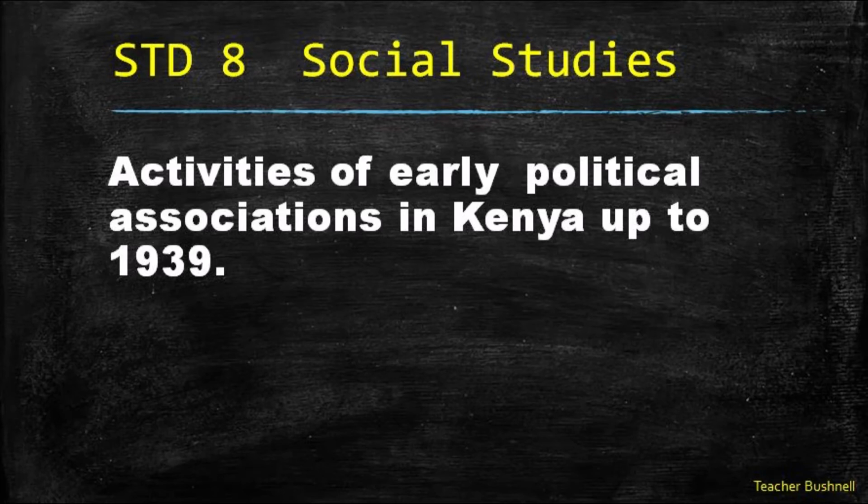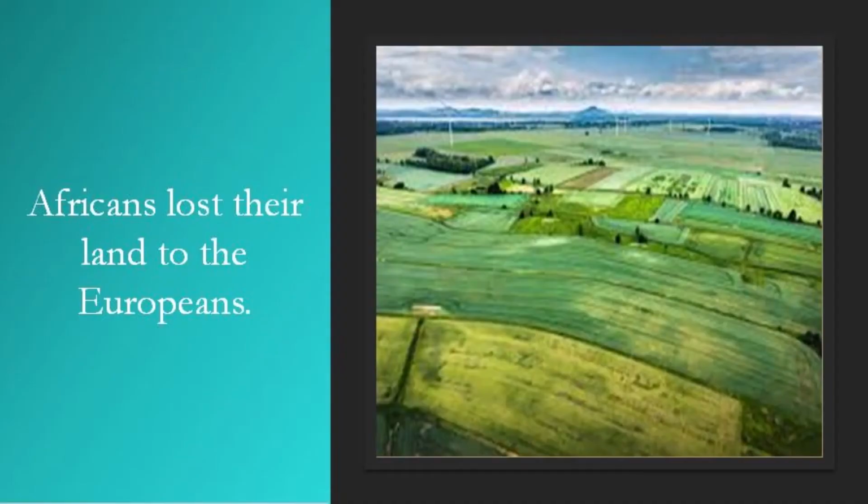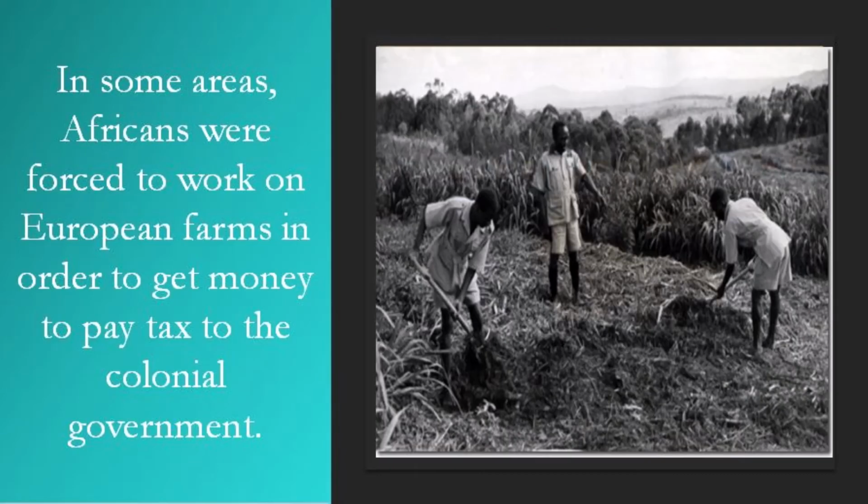Early political activities by Africans in Kenya started after the country was declared a colony of Britain in 1920. Colonialism had many negative effects on Kenyans, and the following are just some of those negative effects. 1. Africans lost their land to the Europeans. 2.